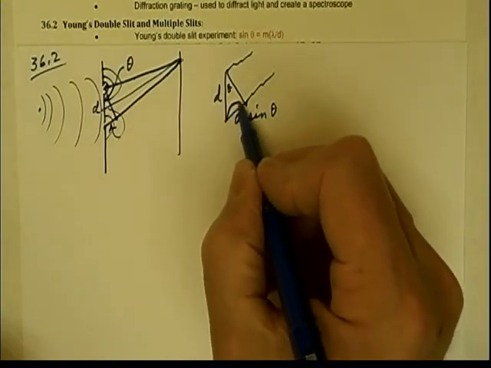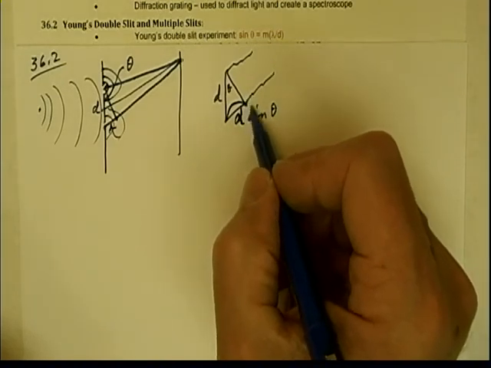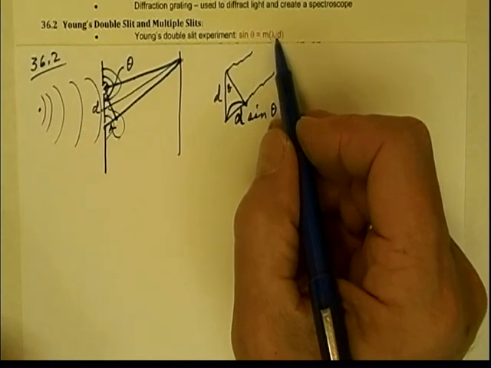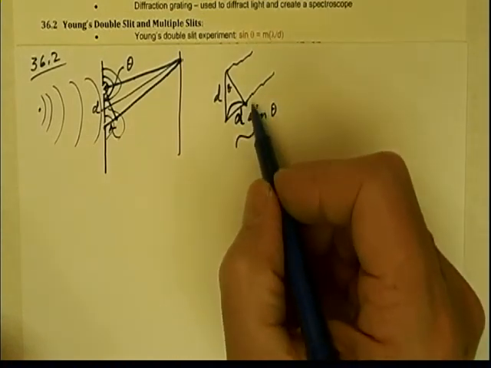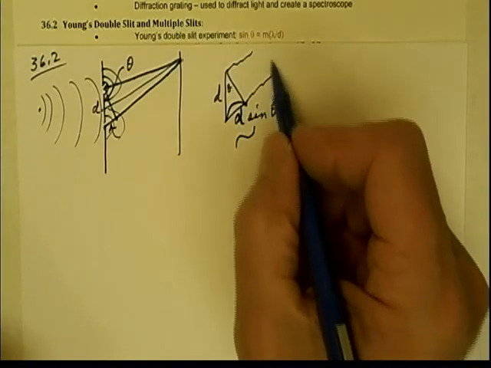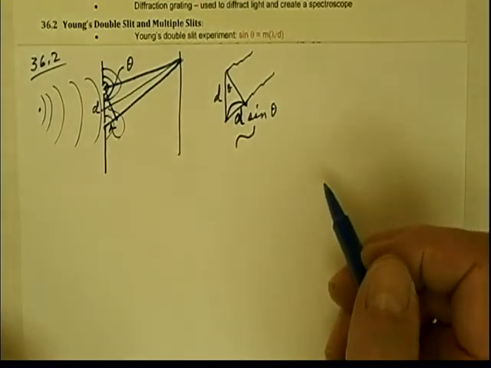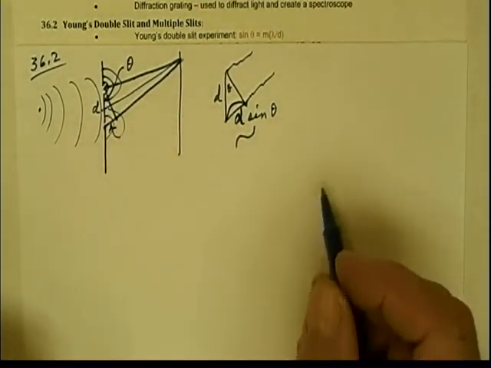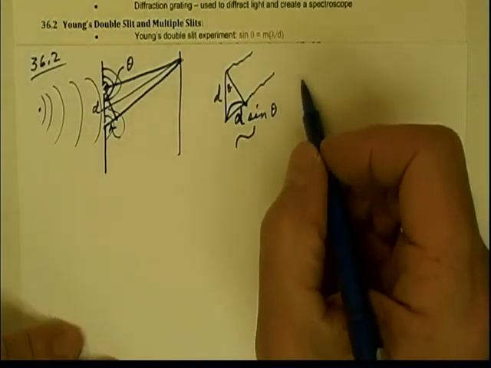If only a half of a wave can get here, then of course this resulting wave will be a half of a wave out of phase and therefore destructively interfere. But if this is a whole wave here, then we would be back in phase, and this would interfere constructively at this particular angle. Of course, this angle here is the same as this angle out here, as you can quickly see by triangulation and plane geometry.